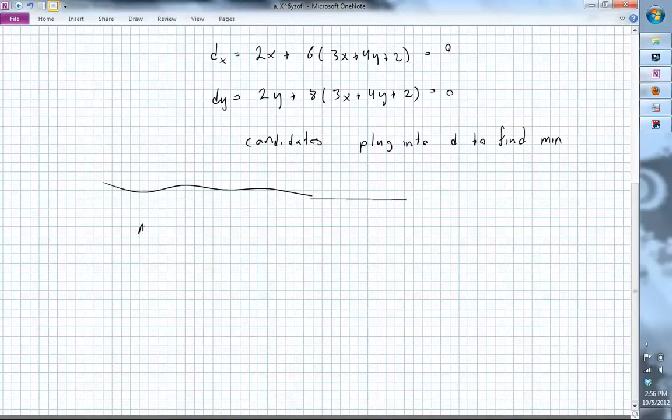So the method of Lagrange is to note that optimizers occur where gradients align.